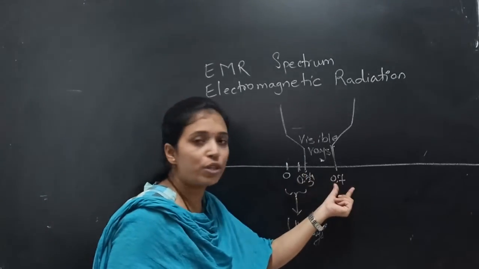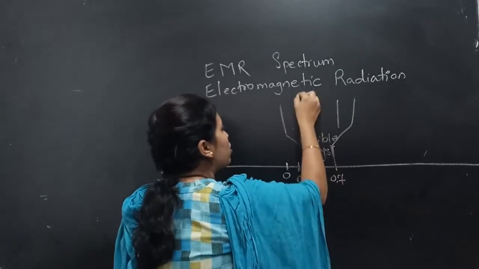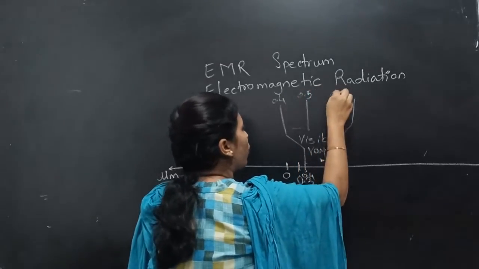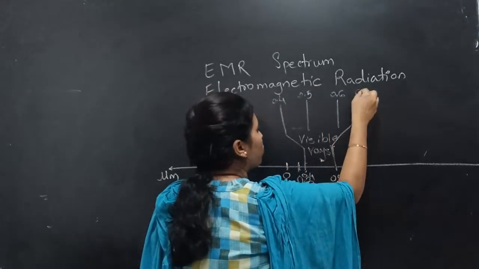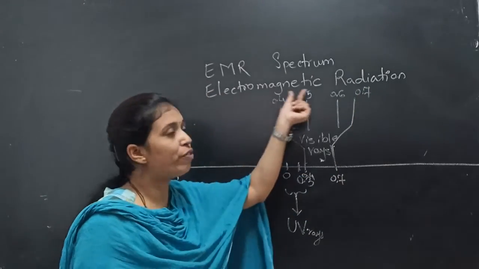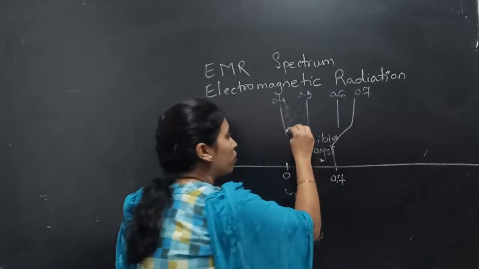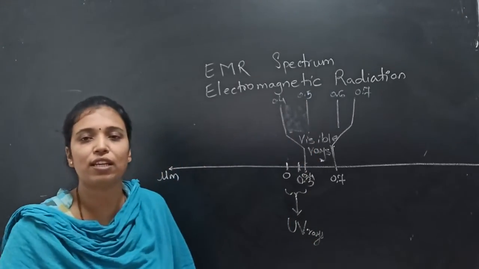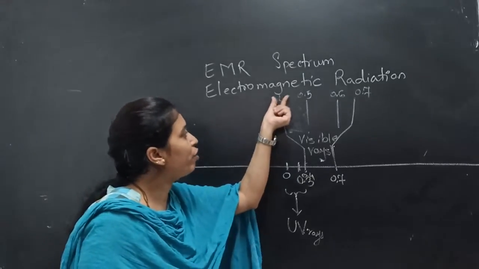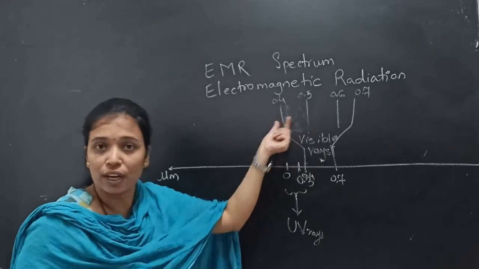This 0.4 to 0.7 is further classified as from 0.4 to 0.5, from 0.5 to 0.6, and from 0.6 to 0.7. So from 0.4 to 0.5 lies the blue color. In VIBGYOR we can see 7 different shades of color. Among which 0.4 to 0.5 micrometer wavelength is of blue color.